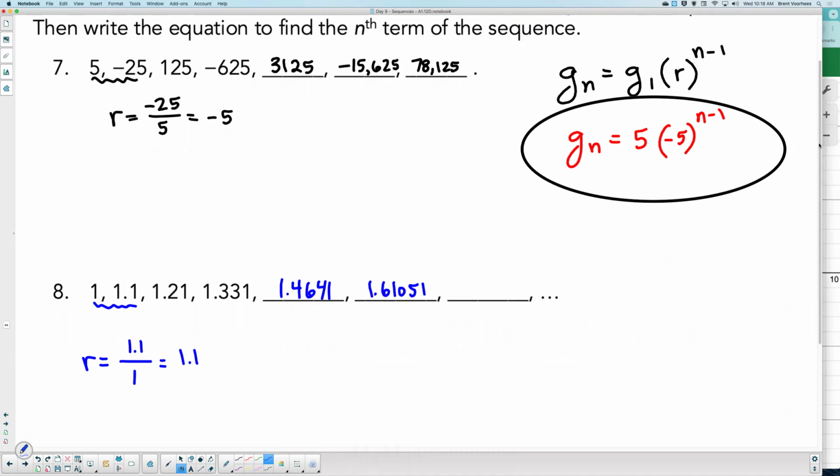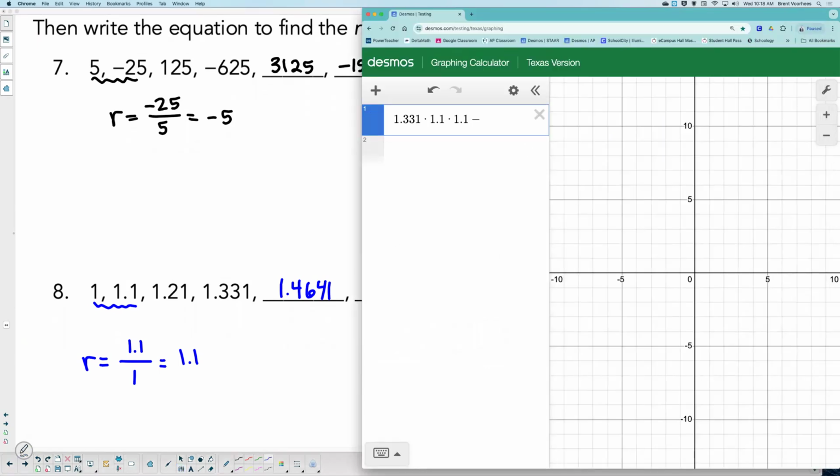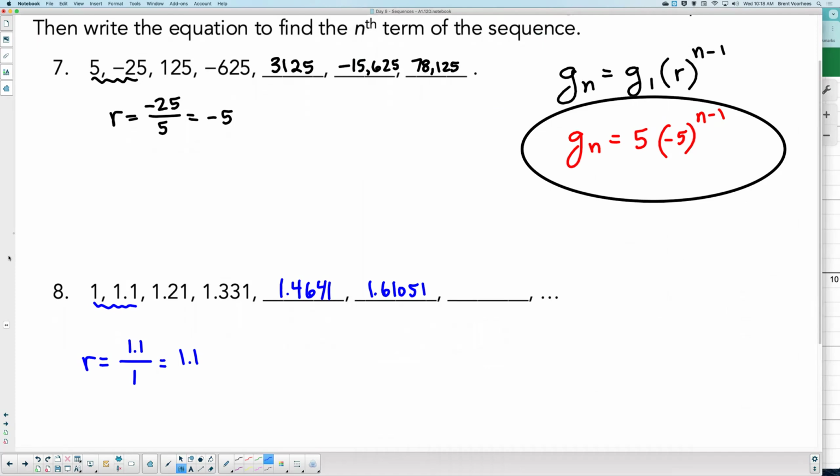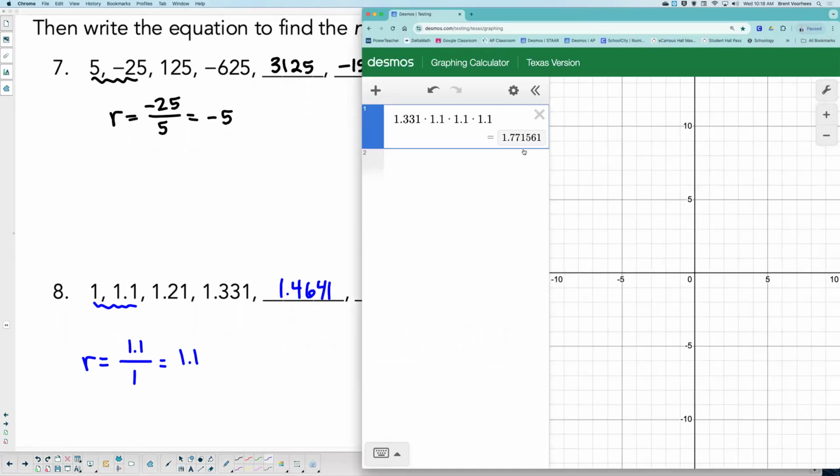And I do it one more time. Whoops. Times 1.1. 1.771561. Goodness gracious. I went way too crazy. 1.771561, I think. Yes, that's it.